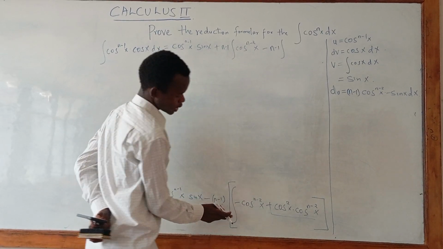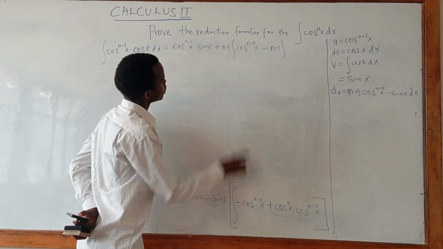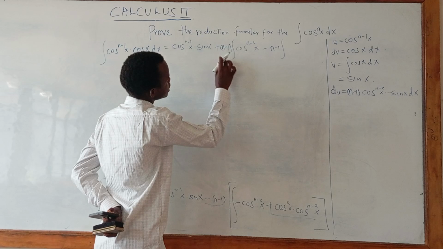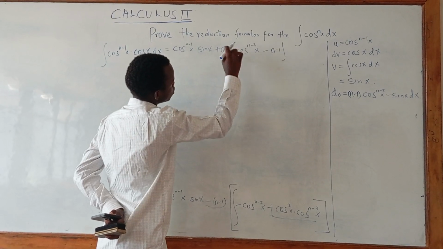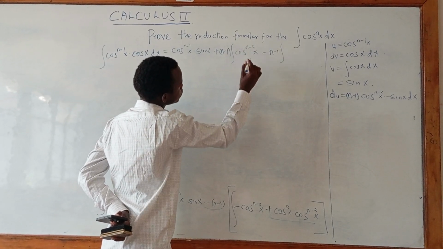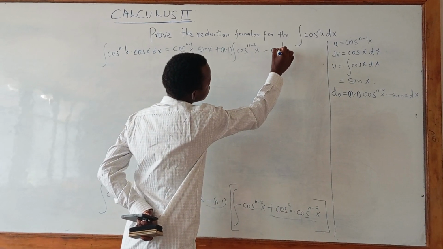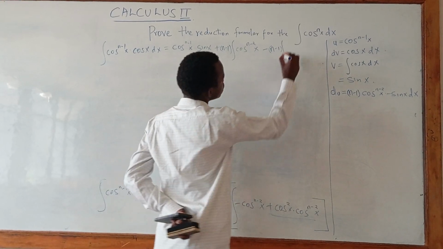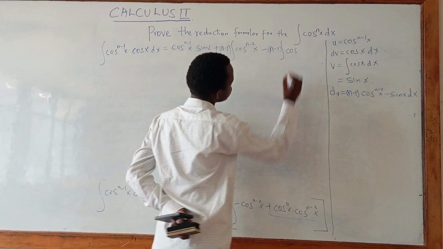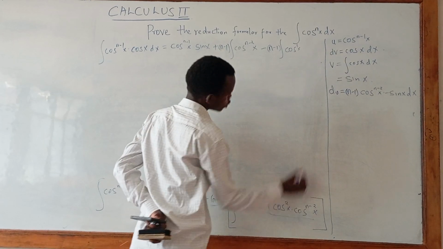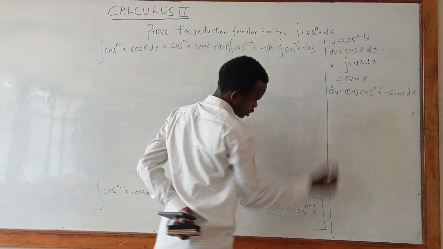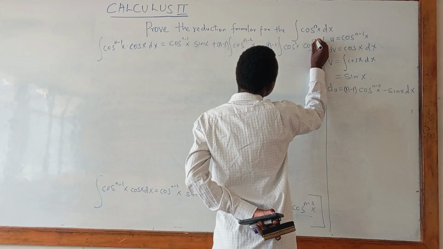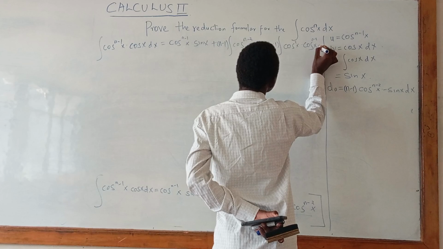We have already split these into two integrals, so we'll get plus n times the integral of cos to the n minus 2, minus n minus 1, multiplied by the integral of cos squared of x multiplied by cos to the n minus 2 of x dx.